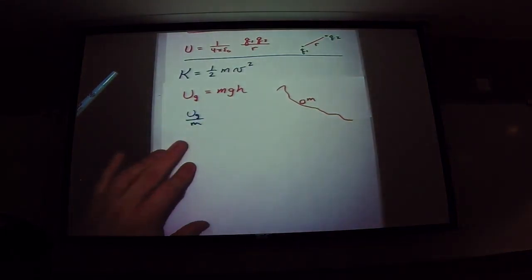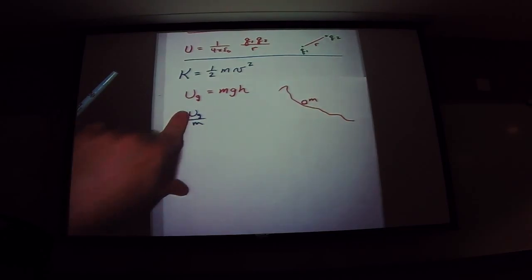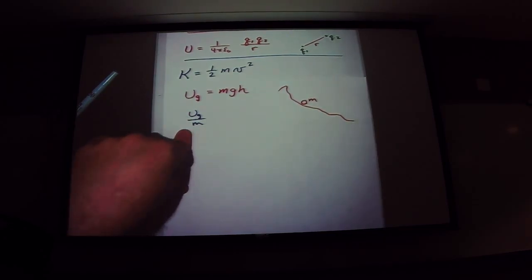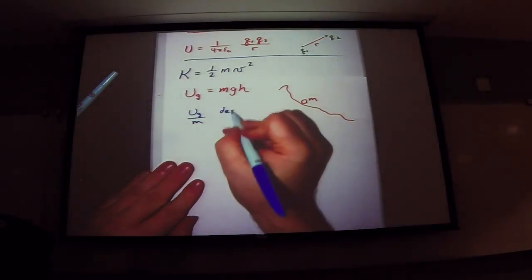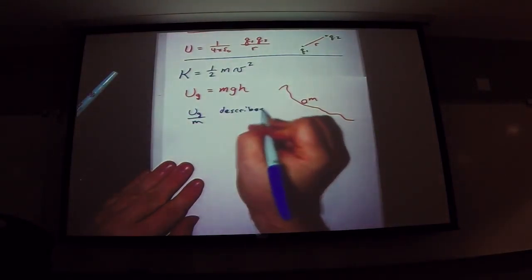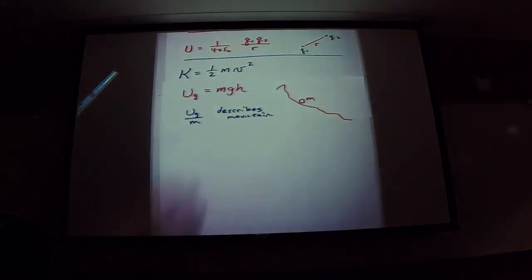That way, it wouldn't matter what mass I put there. This potential energy per mass will describe the mountain itself. Everybody see the analogy here? So this describes just the mountain. It's not energy, but it's related to the energy.